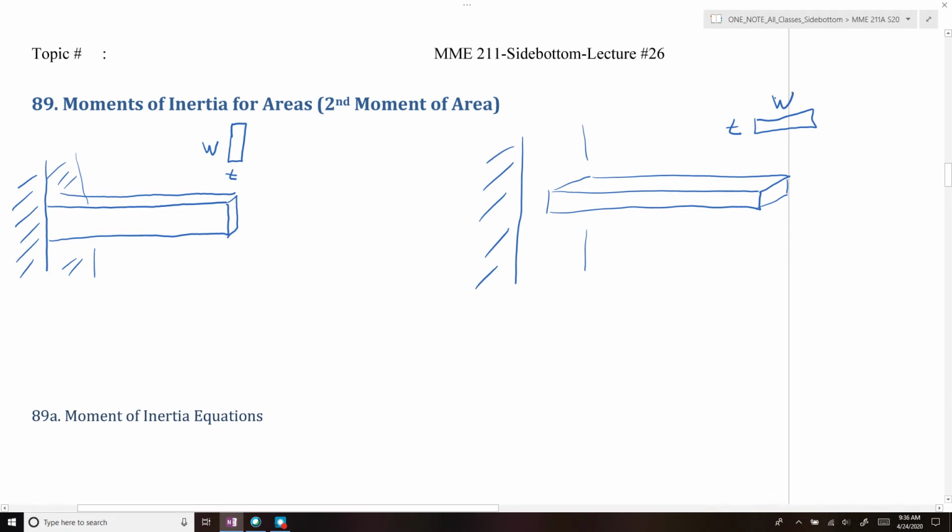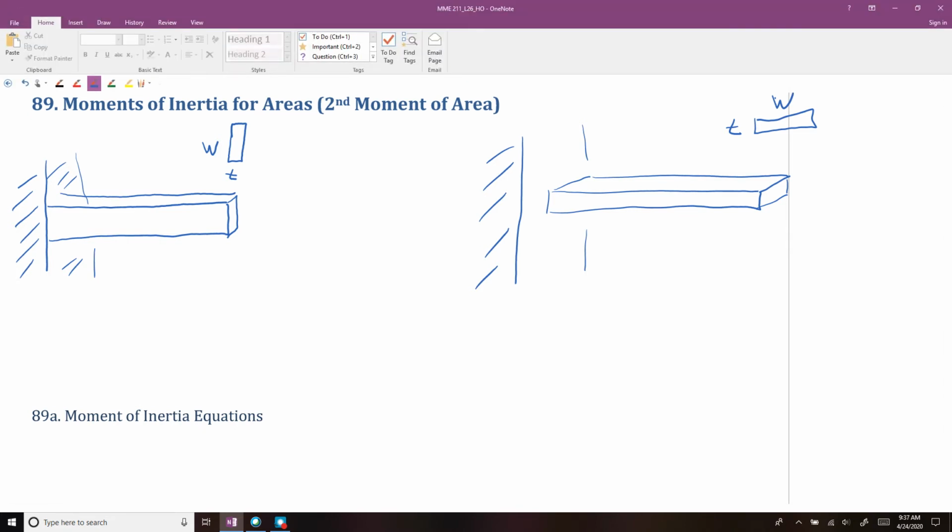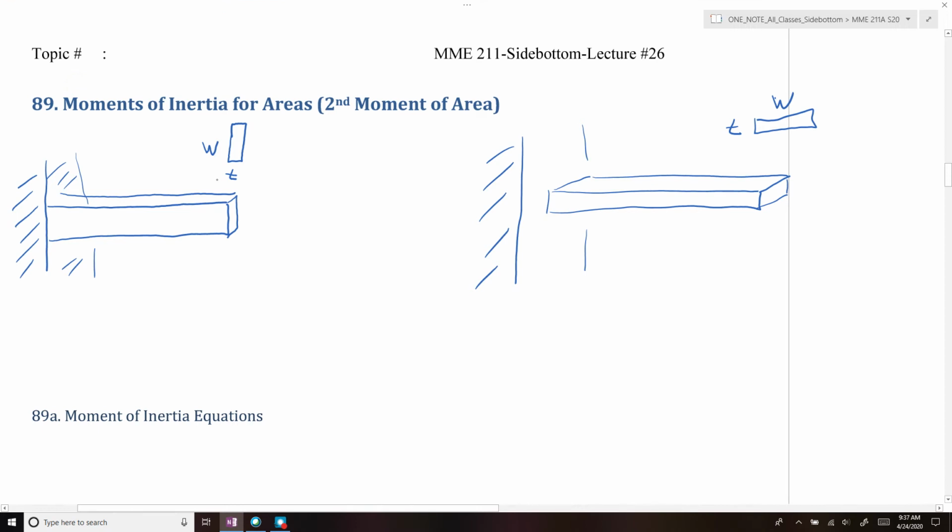To both of these beams, we're going to apply a load at the end of the beam. Both of these beams have the same length.